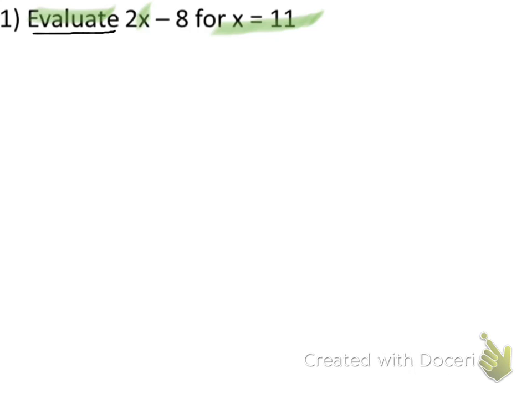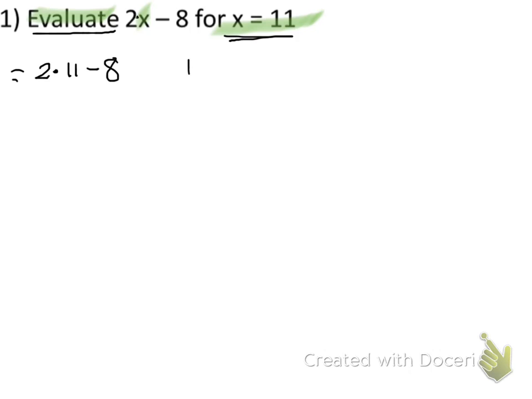So what we're going to do is instead of writing that x, we're going to write 11. Now we can't just write 2 and then 11, because that looks like 211. Remember that this is sneaky and it actually means 2 times x. So that means we have 2 times 11 minus 8. Why 11? Because it told me right here that x is equal to 11.